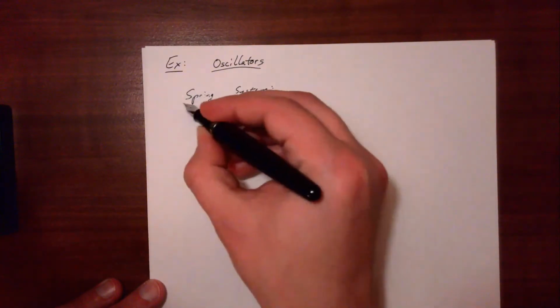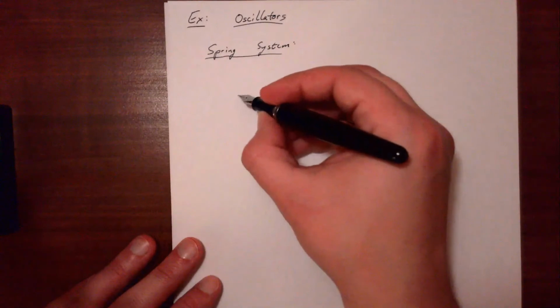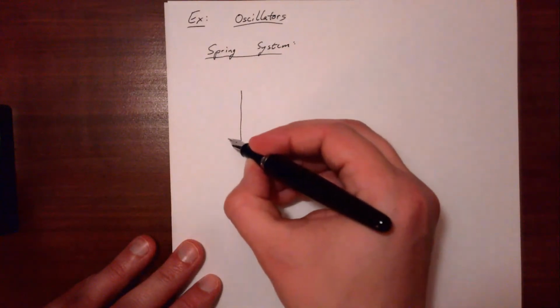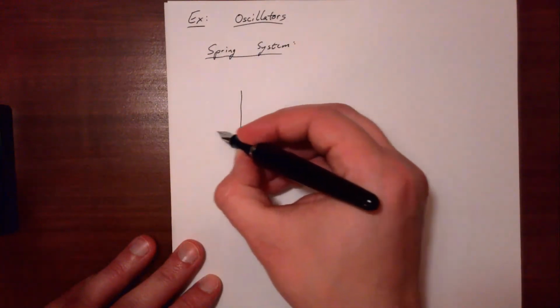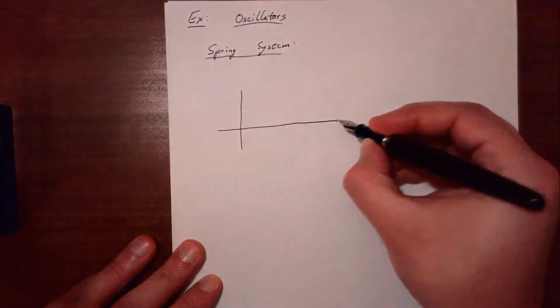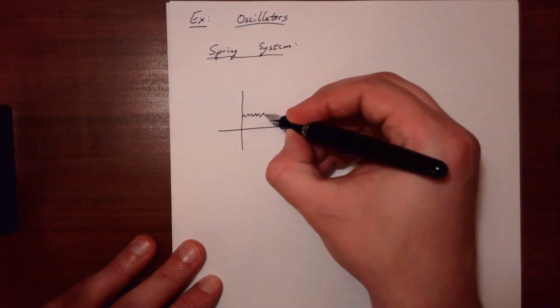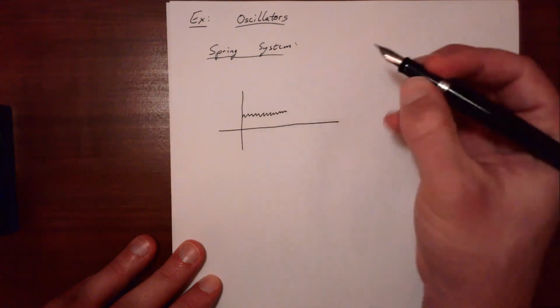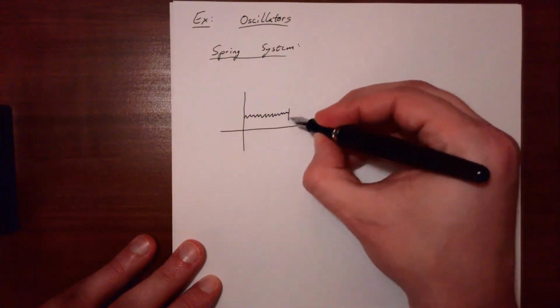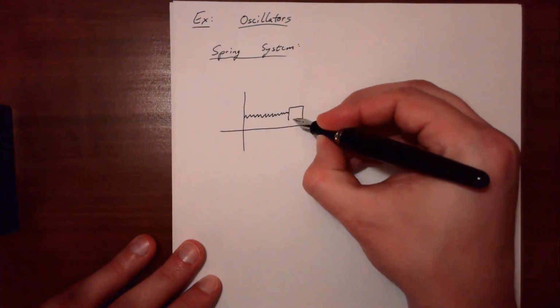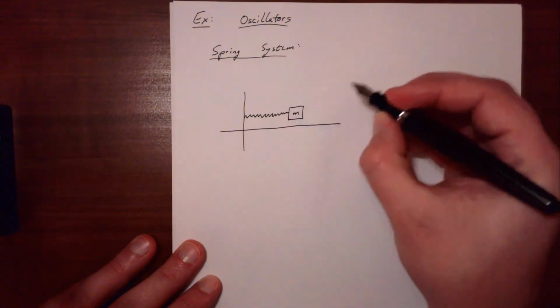A spring system, and the spring system in question here is going to have a few parts. So one thing we're going to assume is that we have obviously a spring, and then we have a mass on the end of it, mass m.